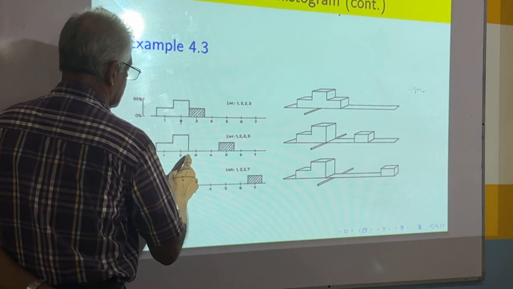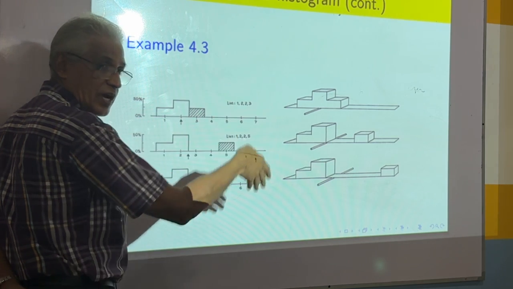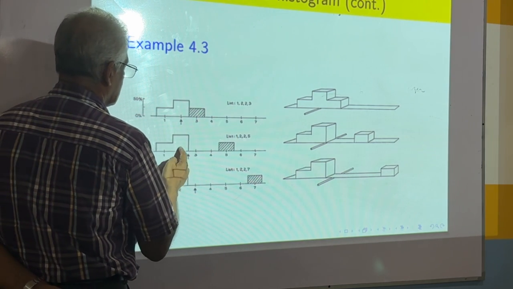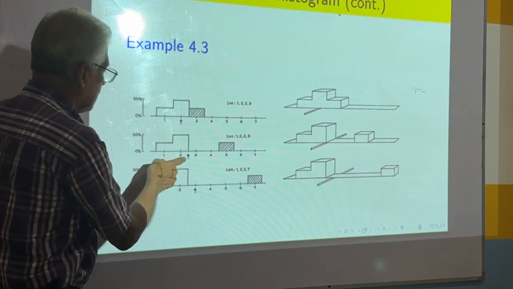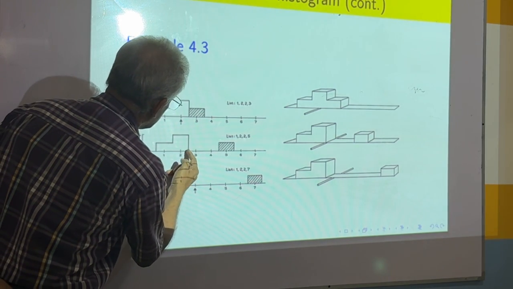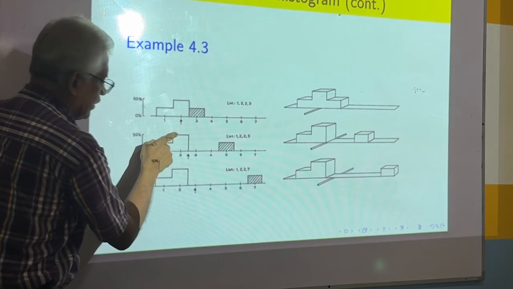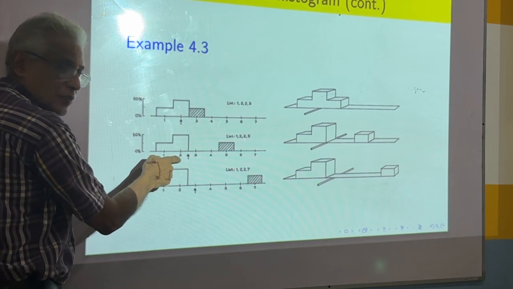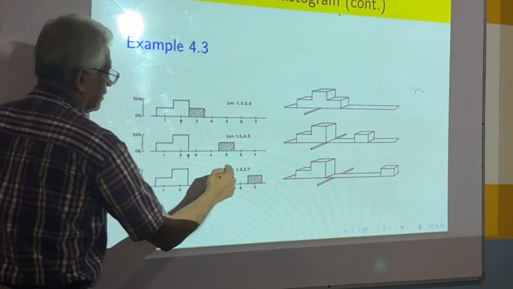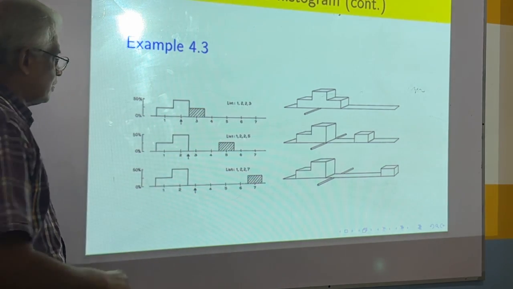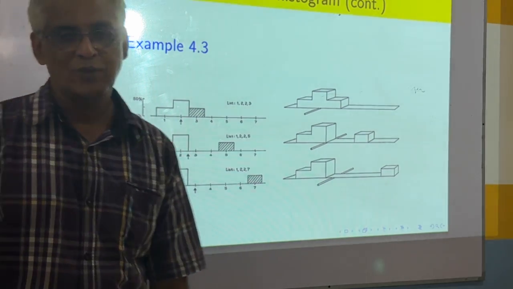So 1 times this distance to the right, and then this weight times 0. We know that the weight is coming from the middle, no? So the weight 2 will be like this, and then 1 will be like this, and then 1 will be like this. So take the moment and find out whether it's 0.